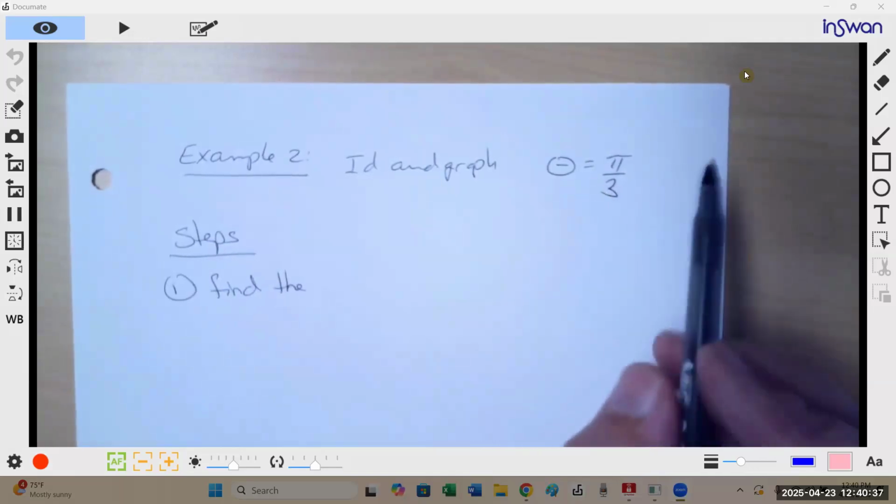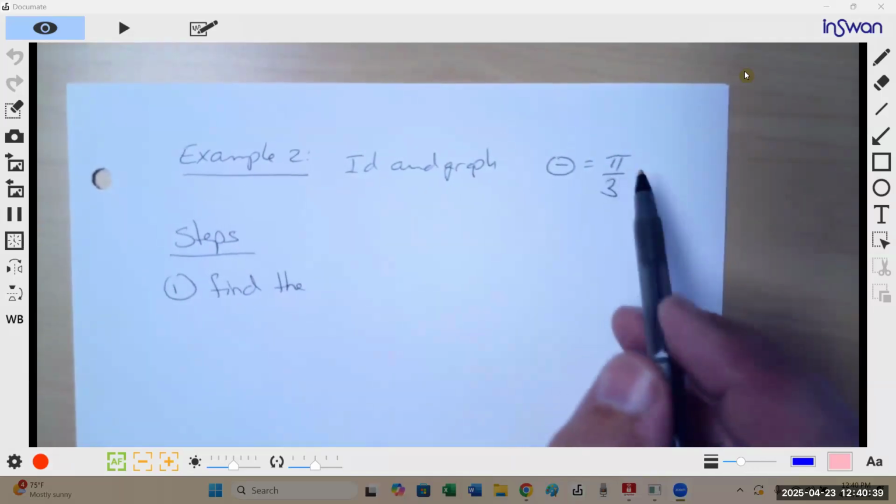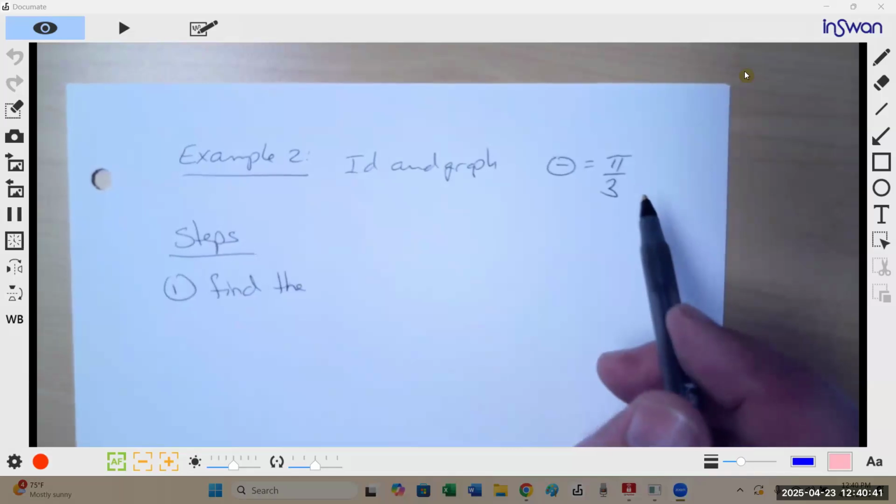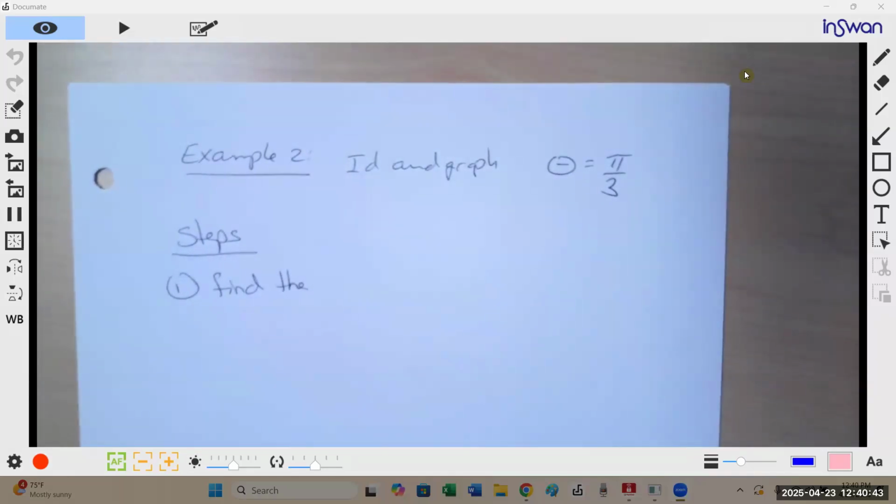Because think of it. If we say theta equals pi over 3, what does that do with our graph? Remember what we did earlier? It lifts up the terminal side from the polar axis up to wherever it is.